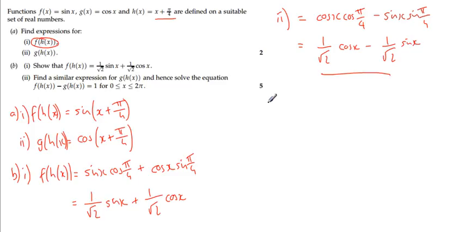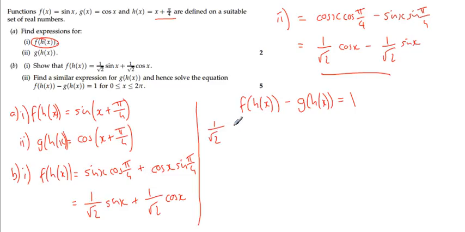Okay, and then solve f of h of x subtract g of h of x is equal to 1. So f of h of x is 1 over root 2 sine x plus 1 over root 2 cos x, take away all of g of h of x, which is 1 over root 2 cos x minus 1 over root 2 sine x, and all of that has to be equal to 1.